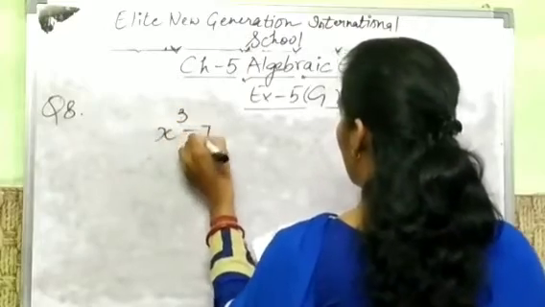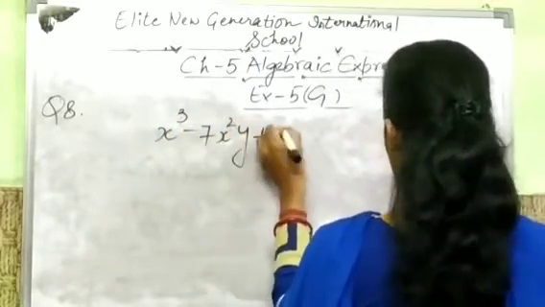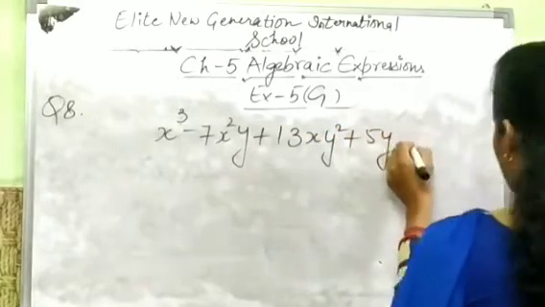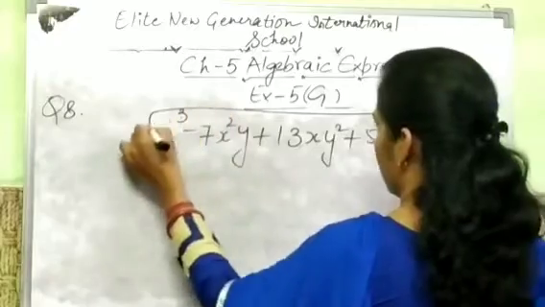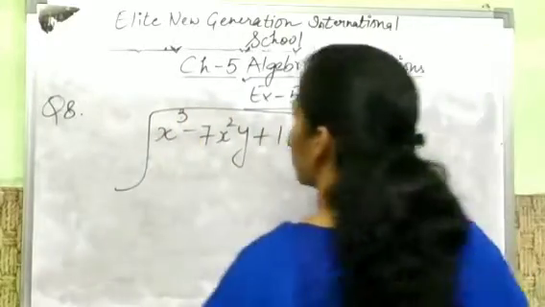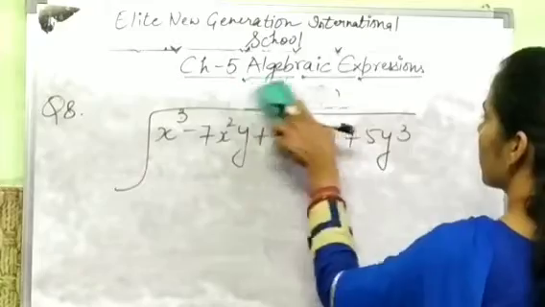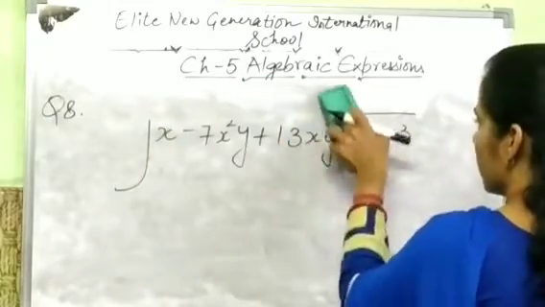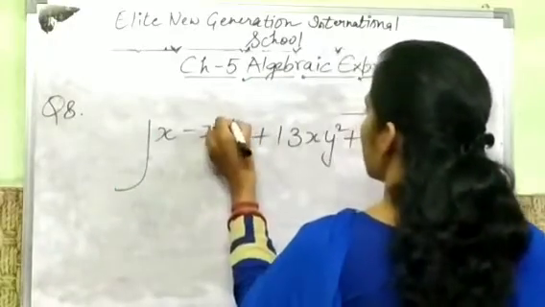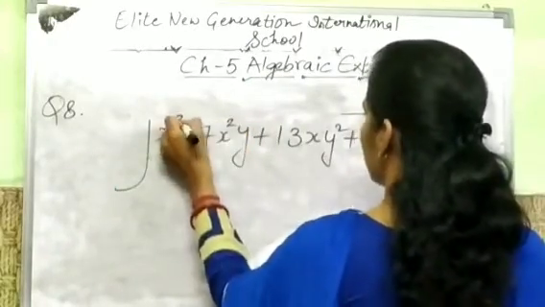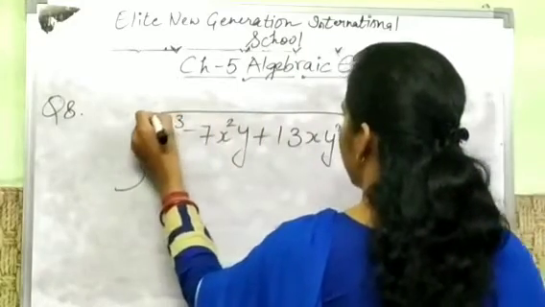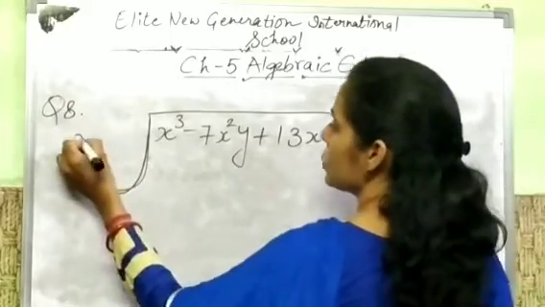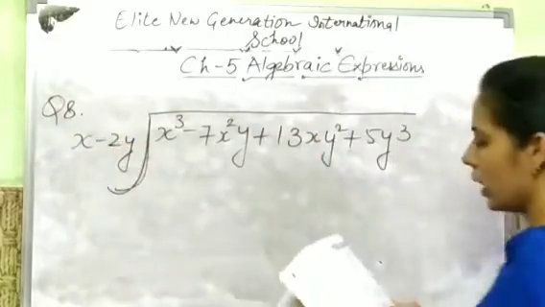First write in the form of x square and here x cube. Now like this, and the divisor is x minus 2y. Okay.